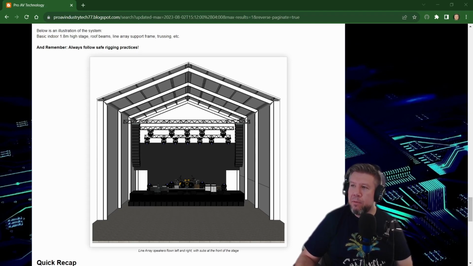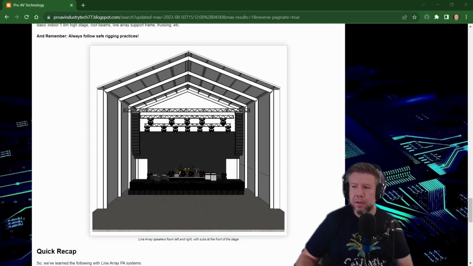On the left and right you've got your line array stacks, and then at the foot of the stage, you've got all of your subs. Depending on the application and the venue, you might not want to put your subs on the floor. You might want to rig your subs depending on the manufacturer of that specific system. They either go behind or on top of the actual line array system. But like I said, it all depends on the manufacturer.